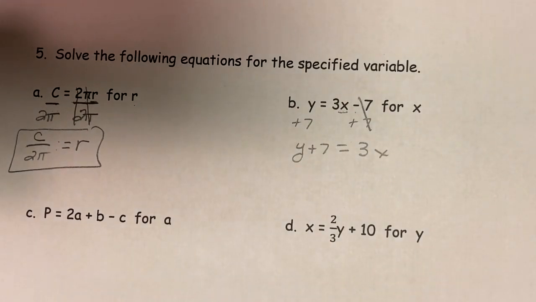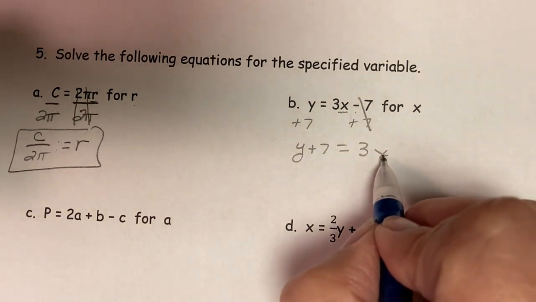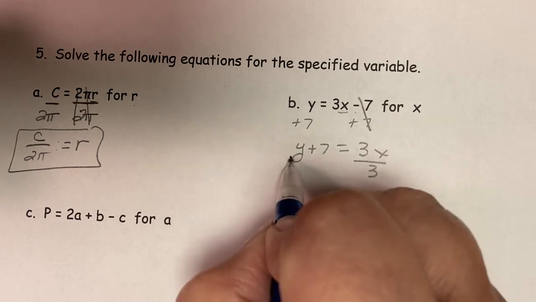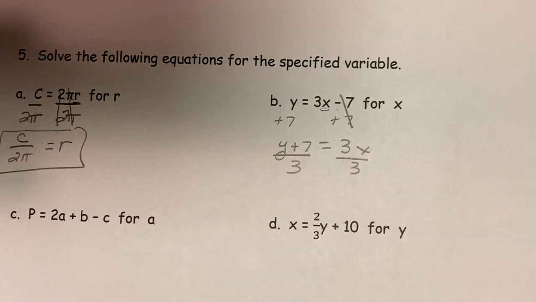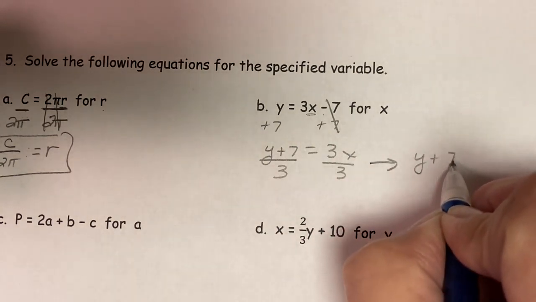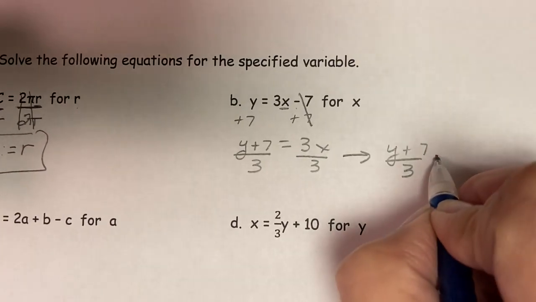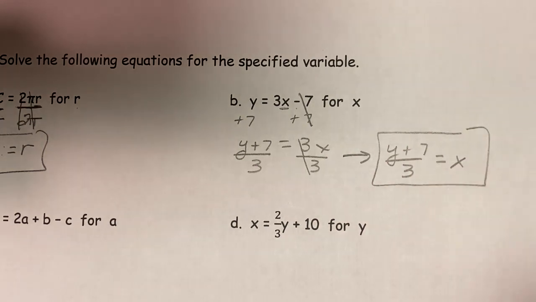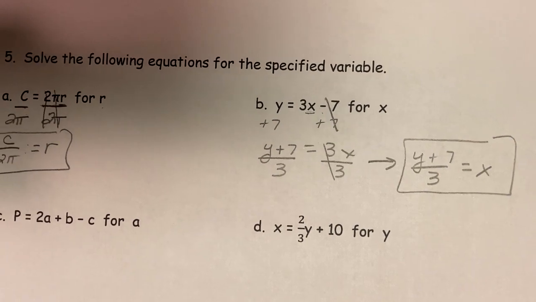I'm going to have y plus 7. And on the right-hand side, I'm going to have 3 times x. So now again, I'm going to try to get the x alone. These are being multiplied, so I'm going to divide both sides of my equal sign by 3. Y plus 7 over 3, you cannot simplify it anymore. And on the right-hand side, you can see that the 3's will cancel, and you're going to be left with x. So our answer is x equals y plus 7 over 3.